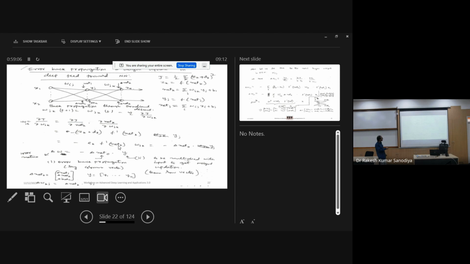There will be some delta net 2 here. Delta net 2 multiplied by y1 will give me delta w21. That's all. This is the key observation. What I would suggest is that in your derivation, you correlate this, and check whether it is happening at each layer and each neuron or not.